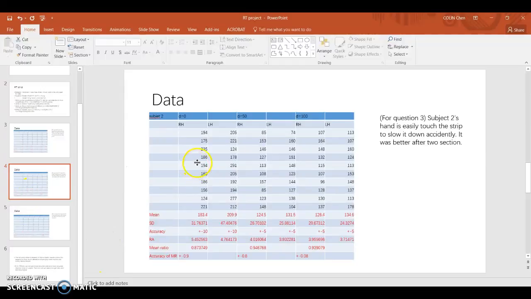So for subject number 2, it's actually the same. For the mean value, I add the data together and divide by 10.